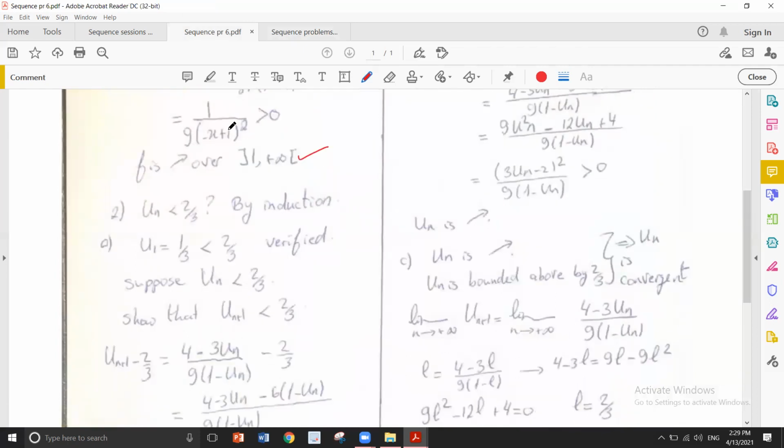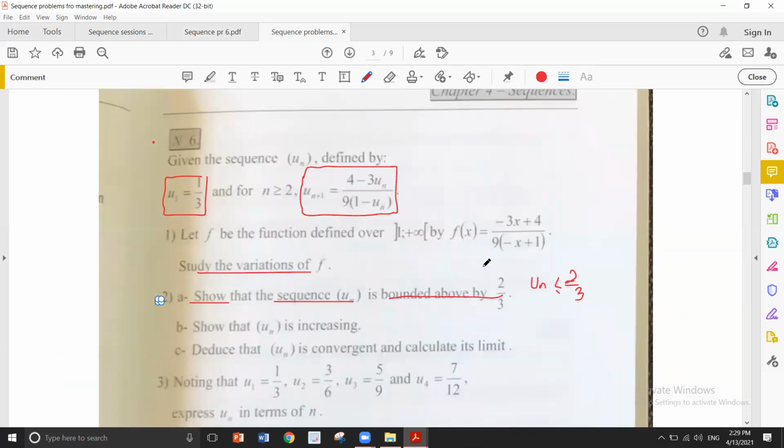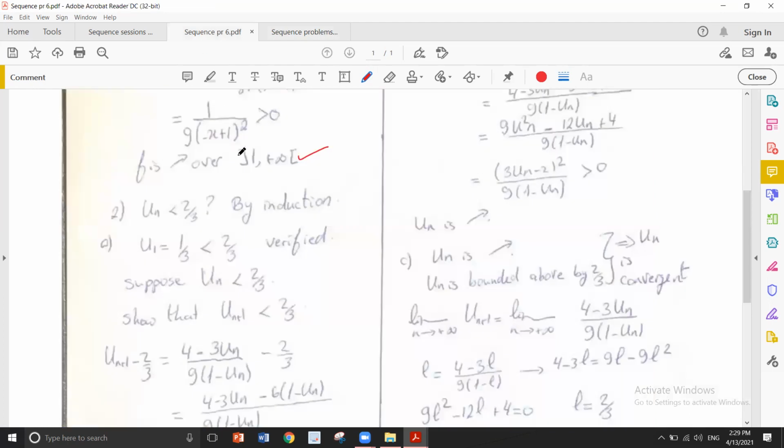Professor, we can't do un minus 2 over 3. But you don't have un, you have un plus 1. So I need to prove un less than 2 over 3 by mathematical induction.